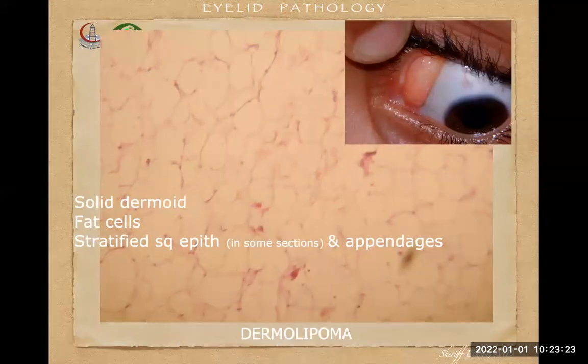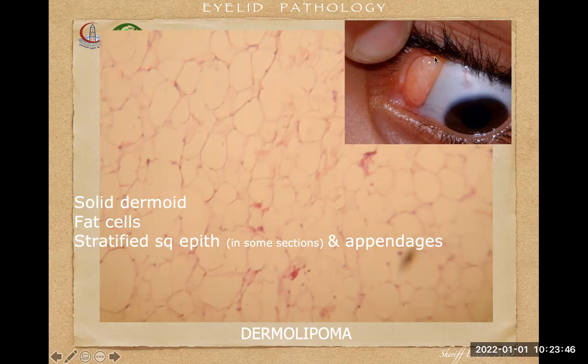Now, a dermolipoma, or it's a solid dermoid with many fat cells, may contain stratified squamous epithelium or appendages, and each of these fat cells is a very swollen one filled with fat that is washed out during the process of preparation with the nucleus compressed to the periphery.